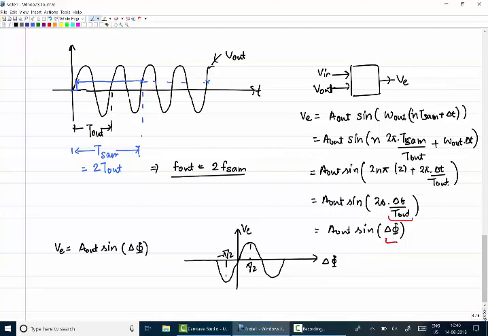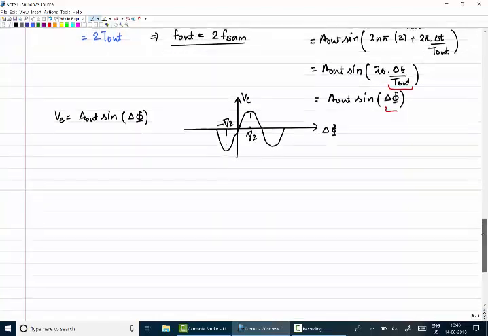Okay, let me just put all the points, this is 2 pi. This 2 pi phase error corresponds to how much phase error in time? In terms of time this is t out.